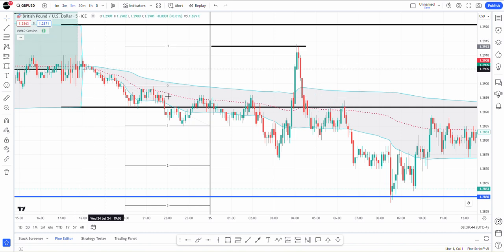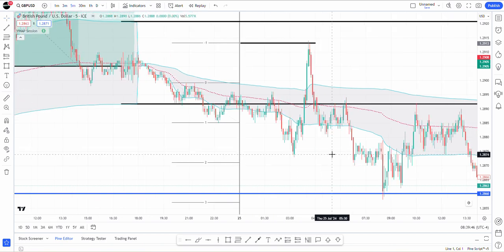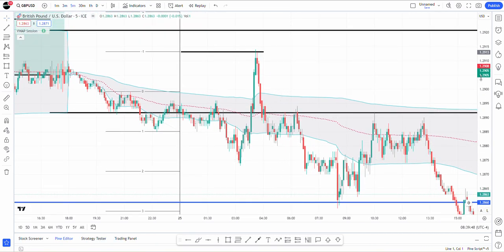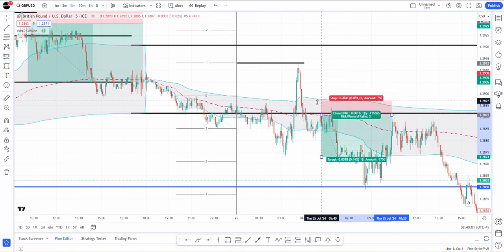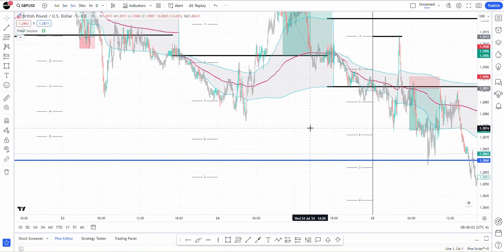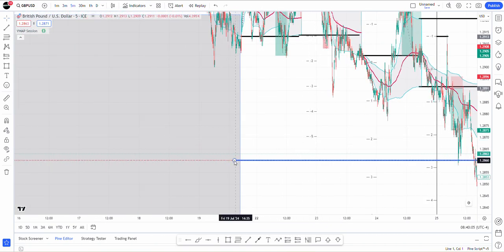Then target, since we're outside the range, we're taking a short up here. Let's just say we took it at VWAP here. Close below VWAP. Okay, hold 5 points. What is this?